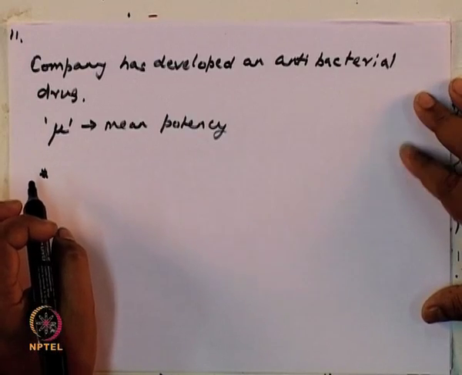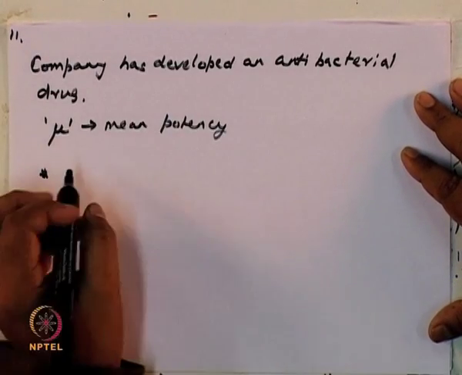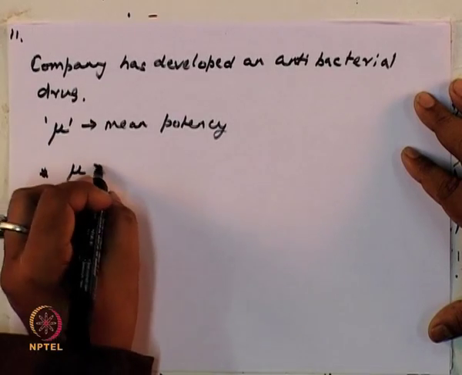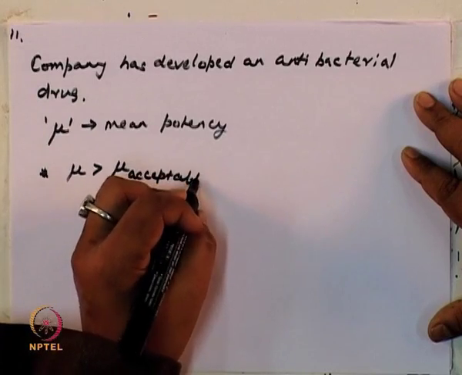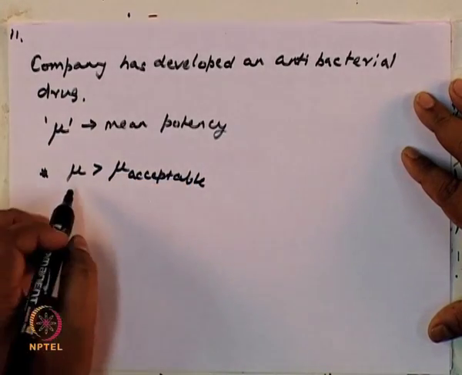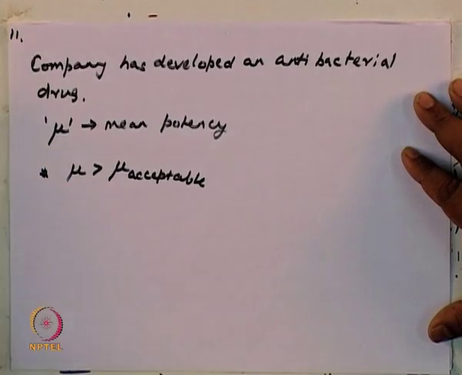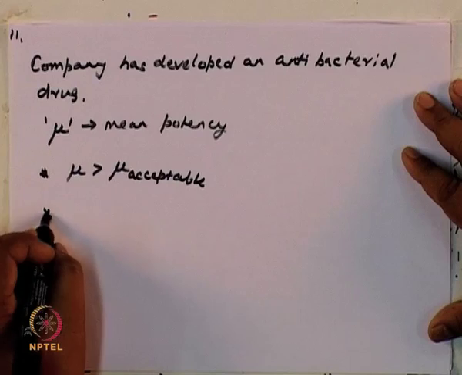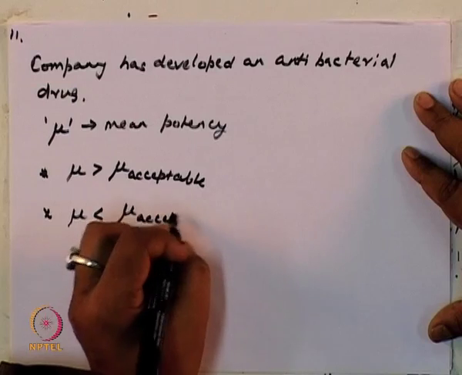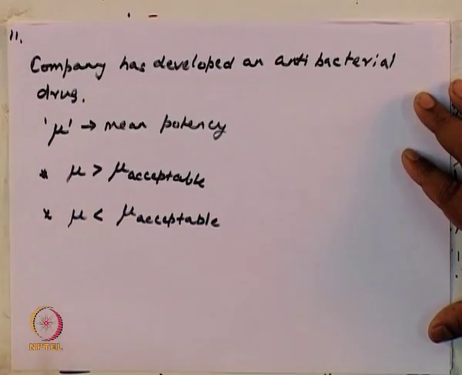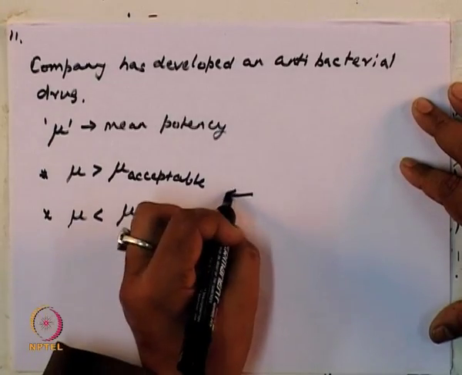Instead of actually calculating the mean potency, the company can address two possibilities. Possibility number one: the average potency mu is greater than mu acceptable, whatever government norms stipulate. Or the other possibility is mu is less than mu acceptable. So, these are two different hypotheses.